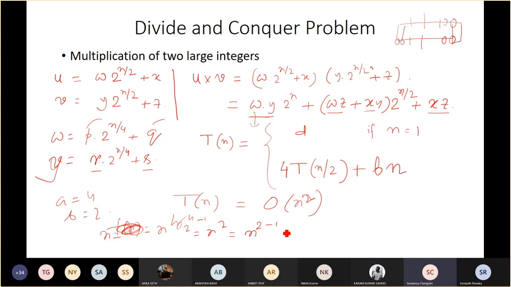Therefore from the first case of master theorem, we can write T(n) equals big O of n square.